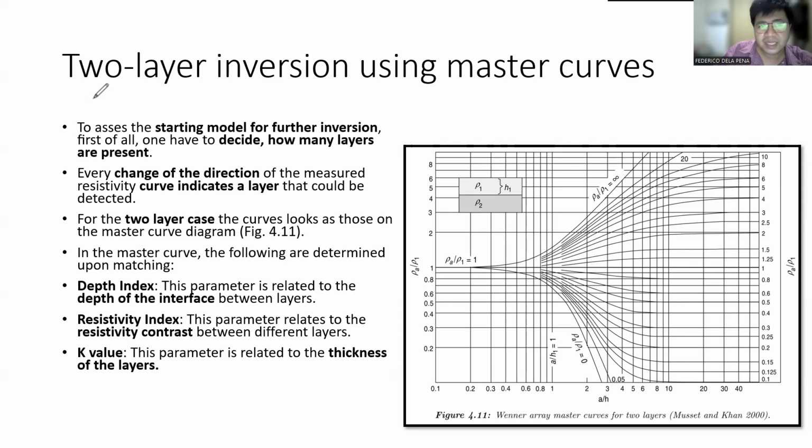In the olden times, they used master curves for inversion. They simply matched the plot of the resistivity with these master curves, and from this you can determine different indices. The depth index will give you the depth of the boundary between two layers. The resistivity index will give you the ratio of resistivity between the two layers, and then the K value will give you the thickness of the two layers.